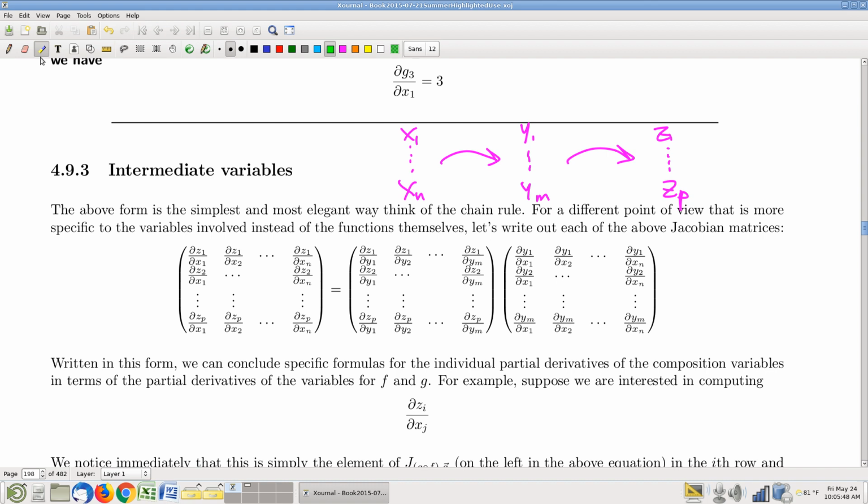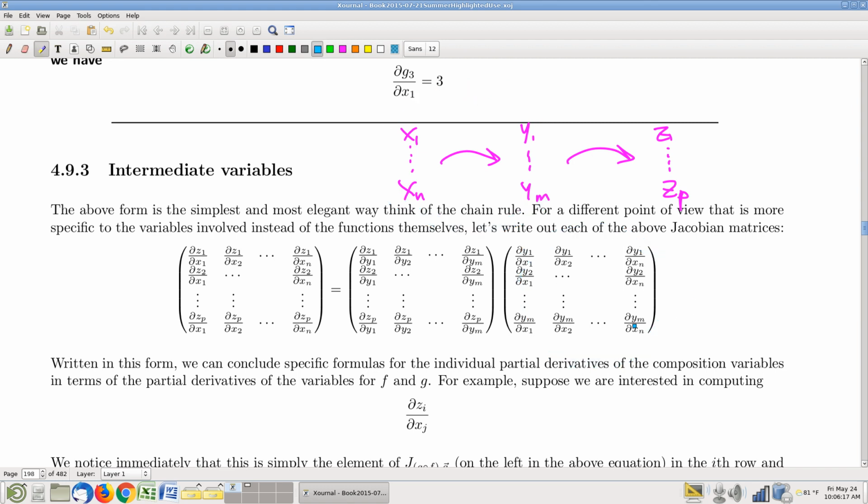The composition views the z's as functions of the x's, and those partial derivatives you note are here. So there's the Jacobian of the composition. The individual Jacobians: first, viewing the y's as functions of the x's, here are those partial derivatives, that Jacobian, the air quotes first Jacobian.